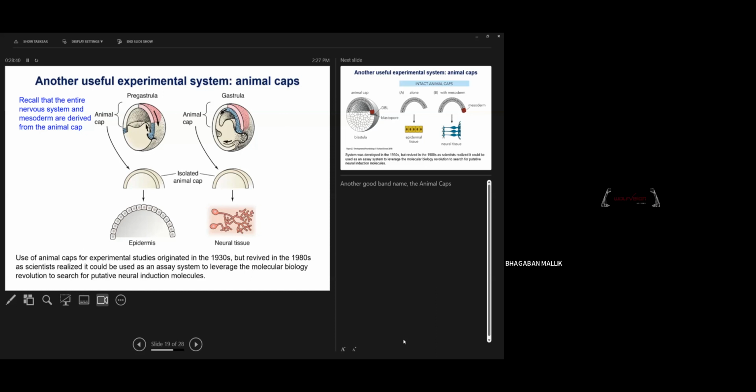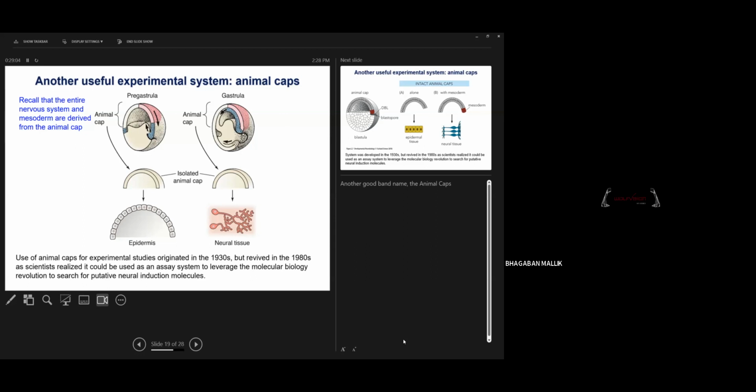If they isolate this animal cap from the pre-gastrula stage and culture it, it develops into epidermis. But if the pre-gastrula develops into a gastrula, and they isolate the animal cap and culture it, they found that it forms neural tissue.